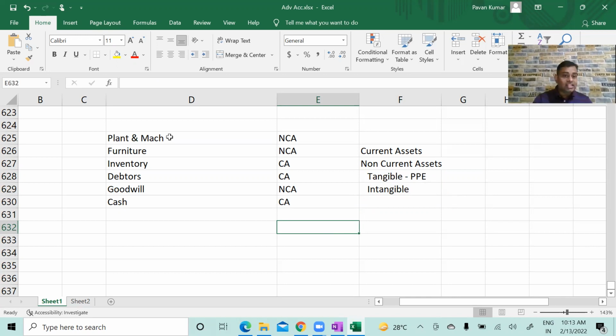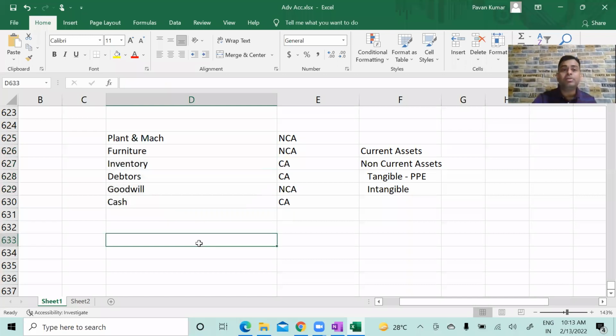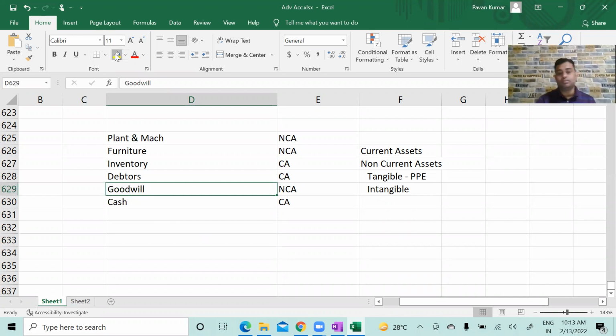Now tell me, in this list, can you identify what are all the intangible assets? What is the intangible asset in this? Okay. So everybody is saying goodwill is an intangible asset. Very good.